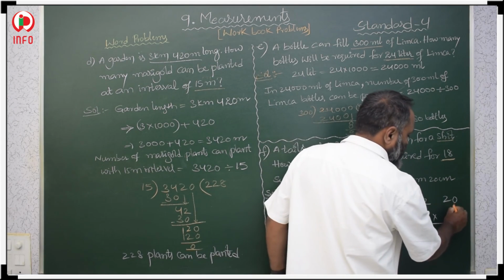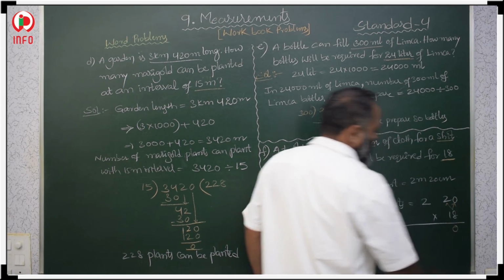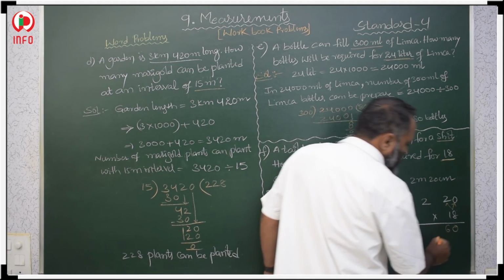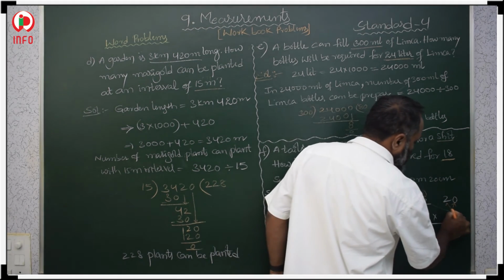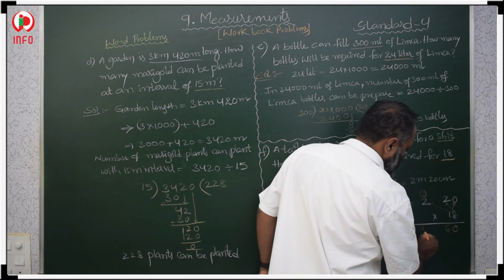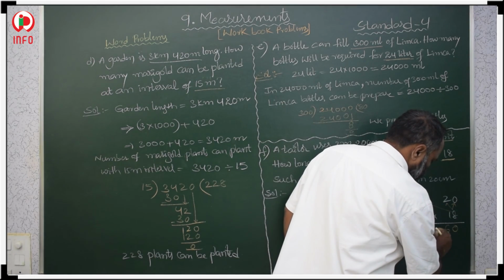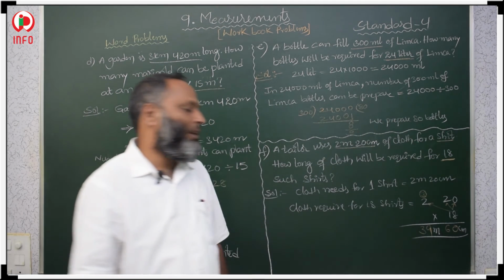Now 18 zeros are 0, 18 twos are 36, 6 in the tens place of the centimeters and 3 here. 18 twos are 36, 37, 38, 39, 39 in meters. 39 meters 60 centimeters. This much cloth we need. Okay.